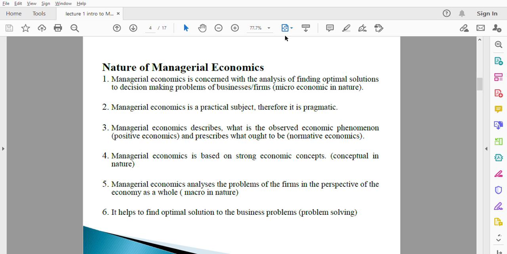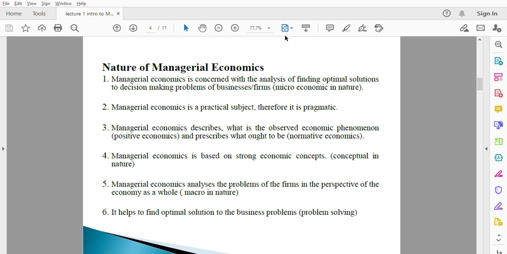There are some problems that are caused not just by internal factors in a firm, but some are even external factors. If you are a firm producing products and inflation goes high, that means the price of your product will go high. So managerial economics is also macro in nature. So it deals with both microeconomics and macroeconomics.